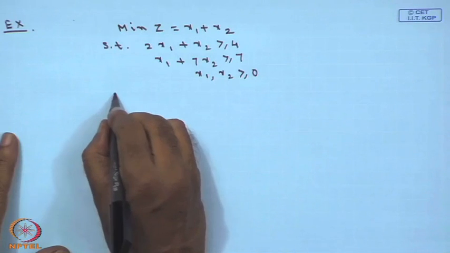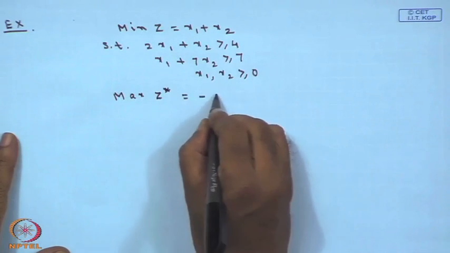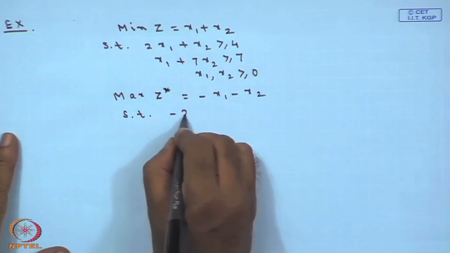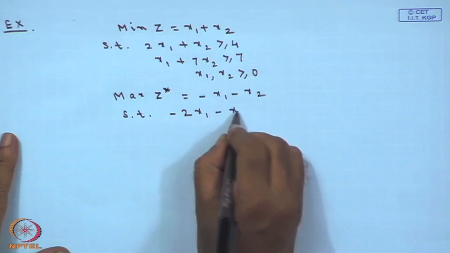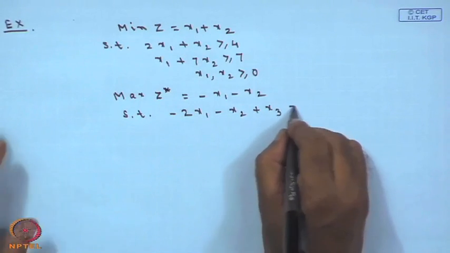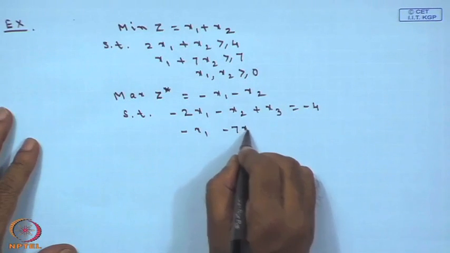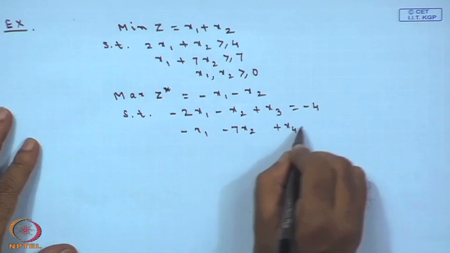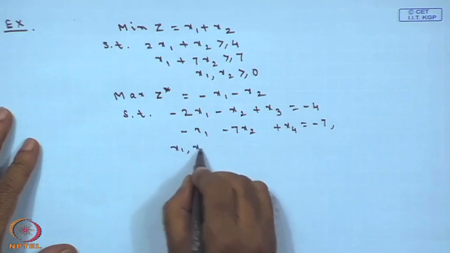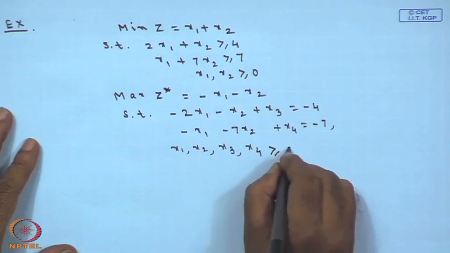So, the canonical form of this problem will be maximize z star equals minus x1 minus x2 subject to minus 2x1 minus x2 plus x3 equals minus 4 and minus x1 minus 7x2 plus x4 equals minus 7, and x1, x2, x3 and x4 all are greater than or equal to 0.